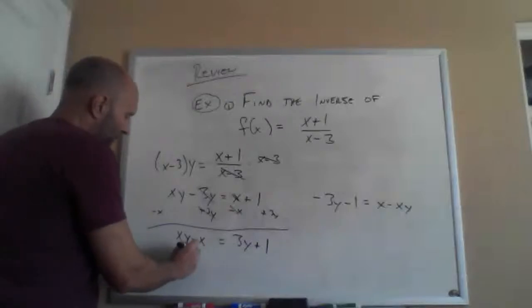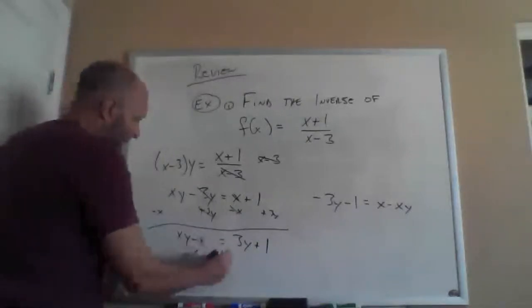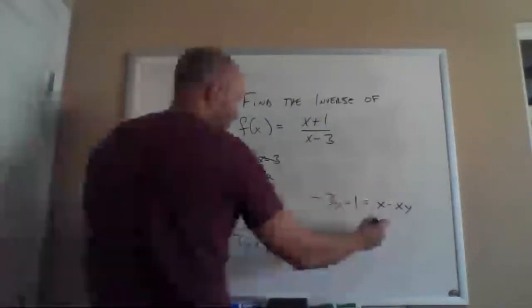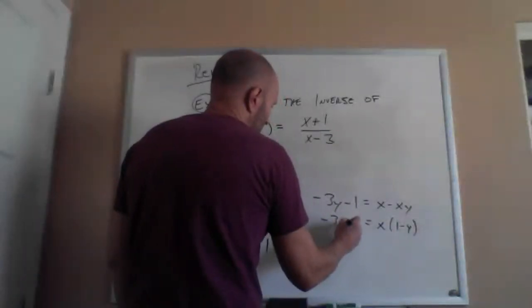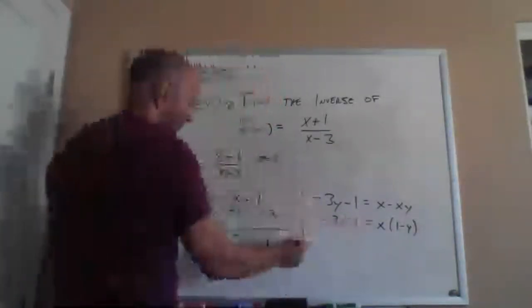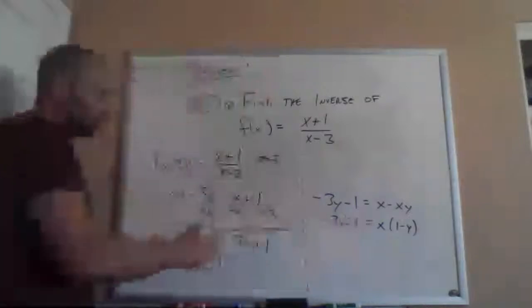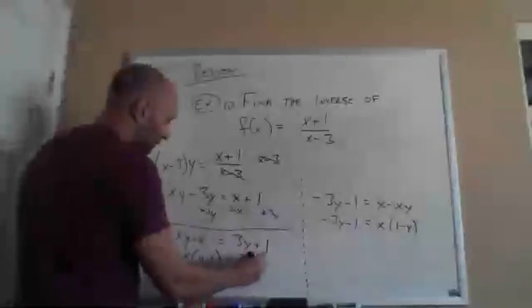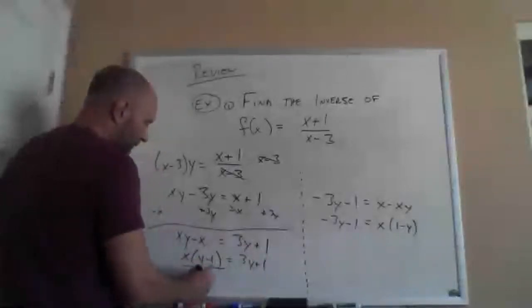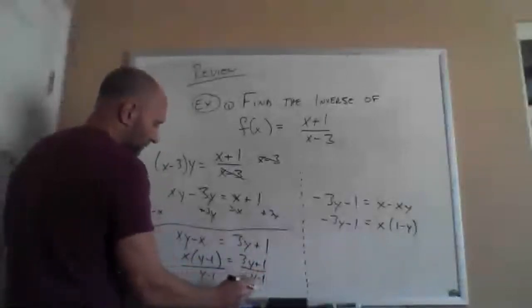So now we do what? We factor out the x, so we get y minus 1. We do it over here, factor x, you get 1 minus y. So again, I'm working both of these at the same time, but you're only working one of these. So this equals 3y plus 1, divide everything by y minus 1.